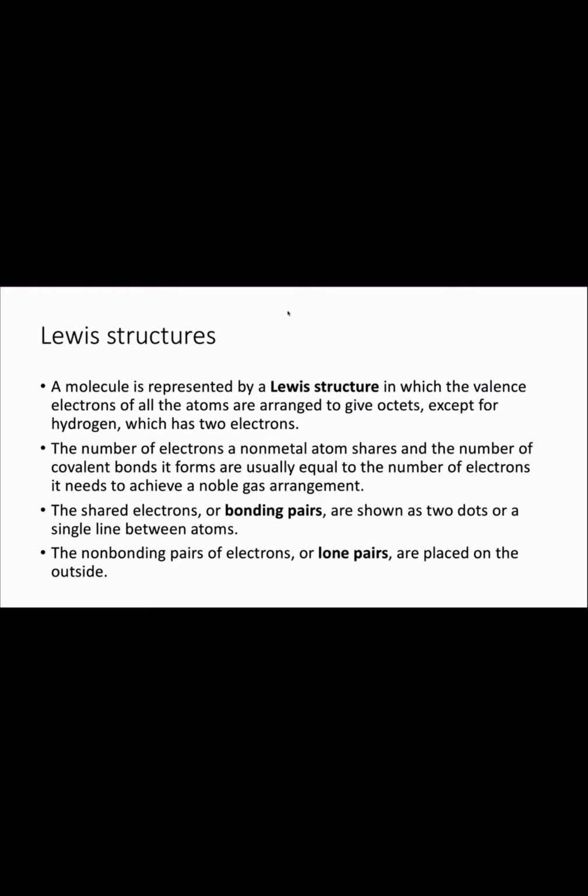Okay, Lewis structures. A molecule is represented by a Lewis structure in which the valence electrons of all atoms are arranged to give an octet, except for hydrogen, which only carries 2 electrons.